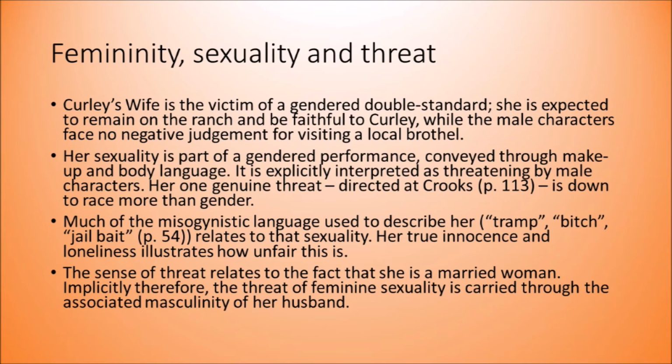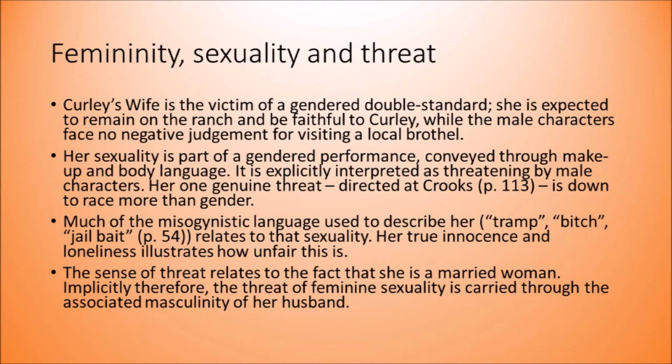And that has at least as much to do with race and social class as it does to do with gender. We see later on that Curly's wife is genuinely innocent and very lonely, and that just serves to underline how unfair it is that she's treated in such misogynistic terms.